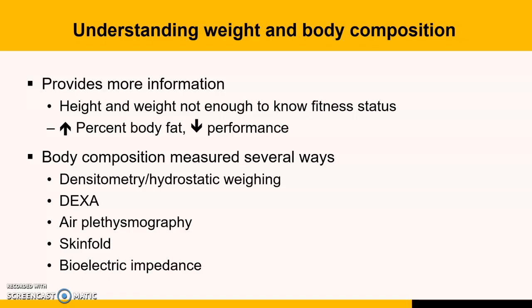So you have to know yang kalau budak atlet ni, kalau kita nak tahu height dan weight, dia tak berapa cukup untuk you tahu bahawa seorang atlet tu dia punya fitness status, and somehow people akan kata when you have a higher percentage body fat, they will have a low performance or will decrease the performance. So kita akan tengok lepas ni, okay, there are many ways: densitometry, DEXA ataupun air plethysmography, skinfold and also BIA iaitu bioelectric impedance.